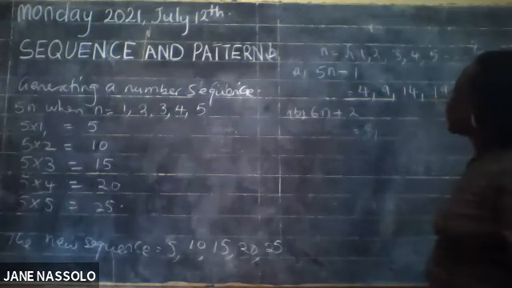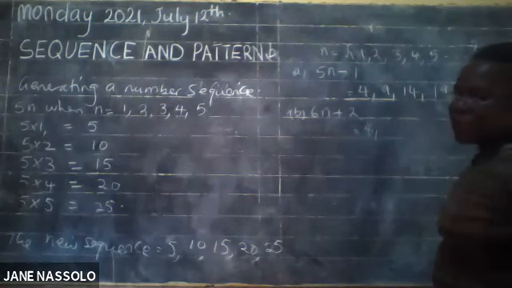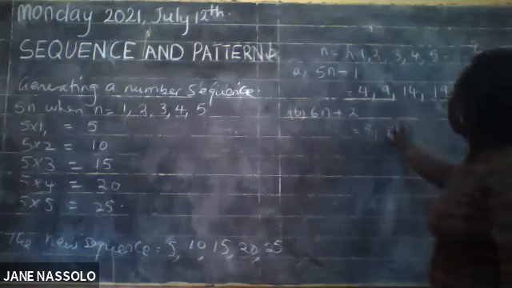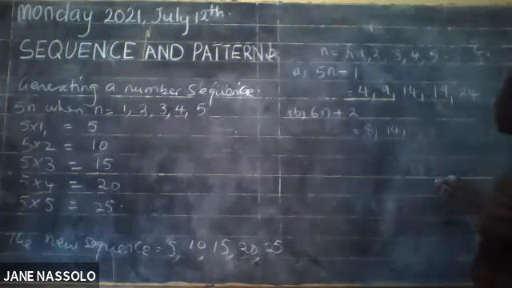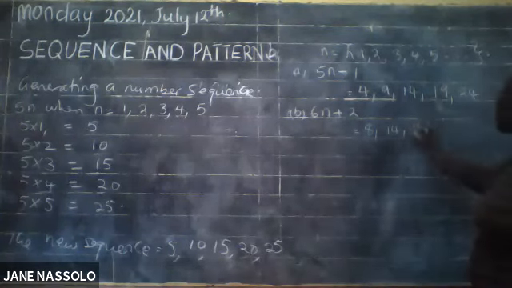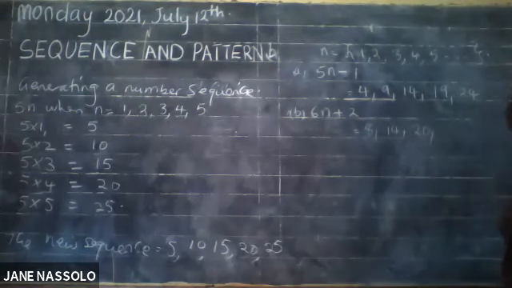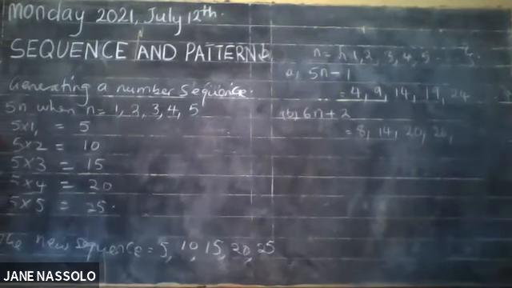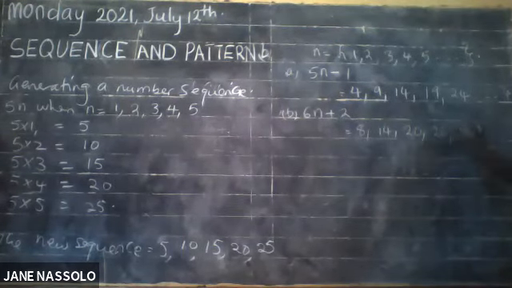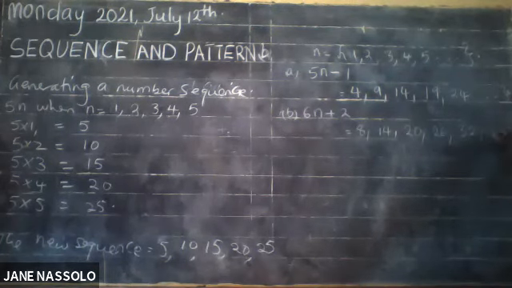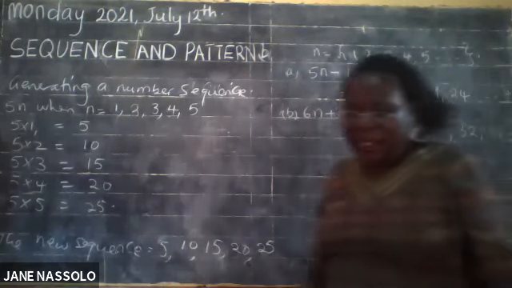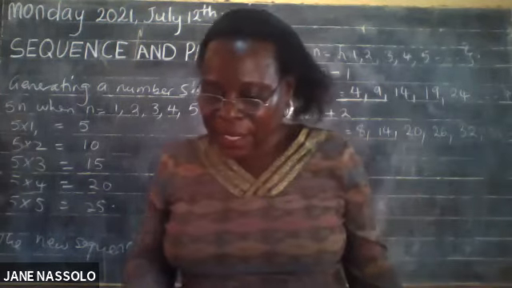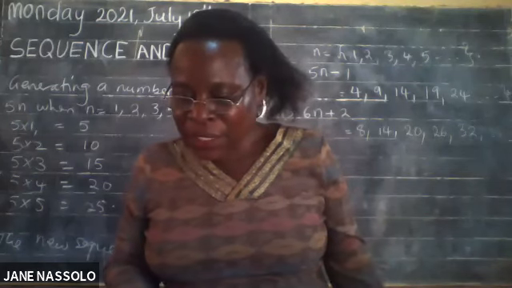Then 14. Good. 20. 26. 32. 38, and so on. Those would be the first numbers. That is the sequence now generated.